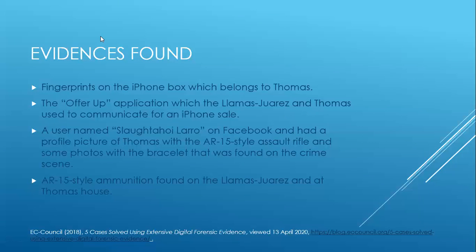In this case, EC Council mentioned several pieces of evidence that lead to the suspect. They are fingerprints on the iPhone box, which belongs to Thomas; the offer publication which Llamas-Juarez and Thomas used to communicate for the iPhone sale; a user named Slagtohai Laro on Facebook with a profile picture of Thomas with an AR-15 style assault rifle and some photos with the bracelet that was found at the crime scene; and AR-15 style ammunition found on Llamas-Juarez and at Thomas's house.